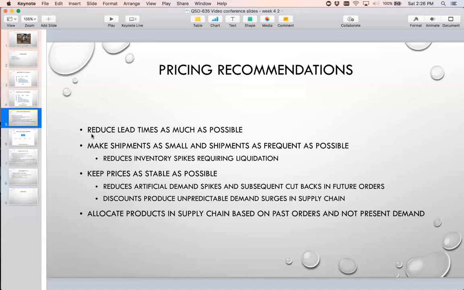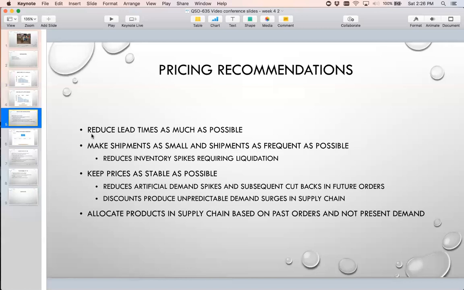Okay. And next, keep prices as stable as possible. This goes with the other ones, to reduce artificial spikes in demand and subsequent cutbacks in future orders. We just discussed that also, as discounts do produce unpredictable demand surges in a supply chain.